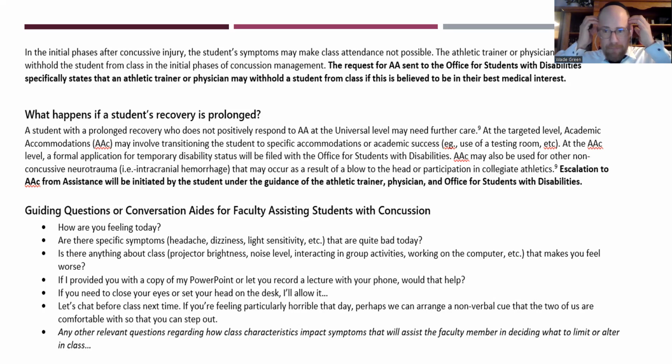And this section down here, I thought was really useful, because when you have people who are otherwise untrained when it comes to concussion, but are interfacing with the patient, they have to have some sort of guideline for knowing how to adjust their class activities. So we kind of gave them some guiding questions or maybe conversation aids, right, to help students that had concussions.